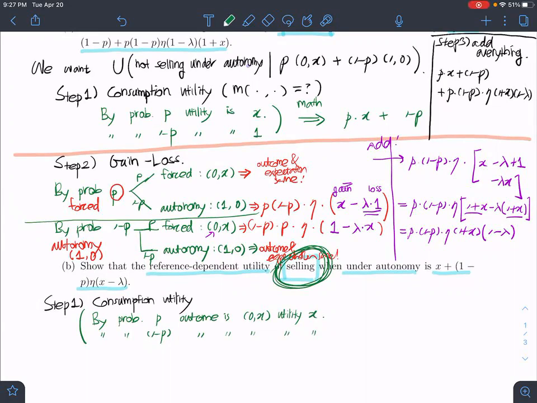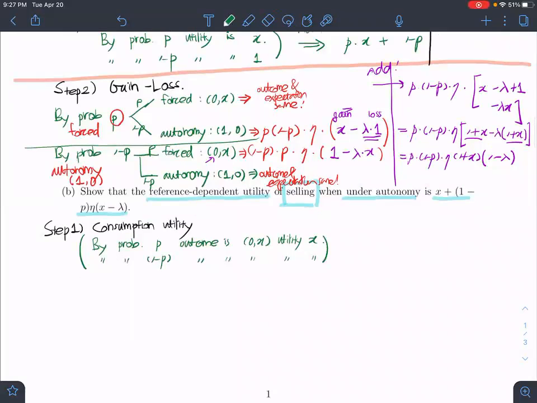So if I fall into autonomy, I decided to sell the mark. If I'm forced to sell, or if I'm going to sell under autonomy, I'm selling in any case. So my outcomes will be the same, right? So what is my consumption utility?